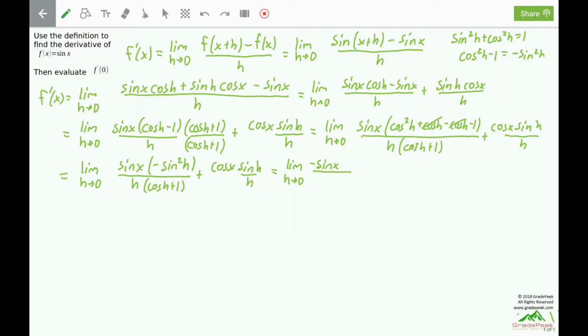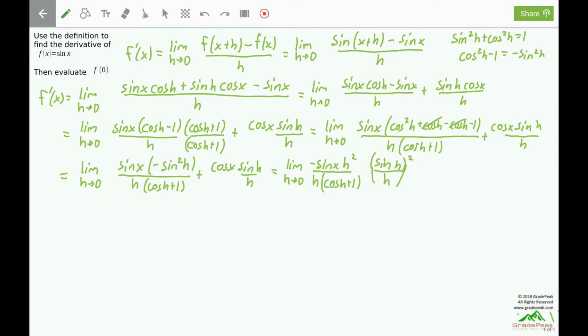What I'm going to do with that is isolate it into its own fraction. And since it's sine squared, that means sine of h squared. And we're going to put it over an h, but since the h will now be squared, since we have the parentheses extending over both, we need to compensate by putting an h squared in the numerator.